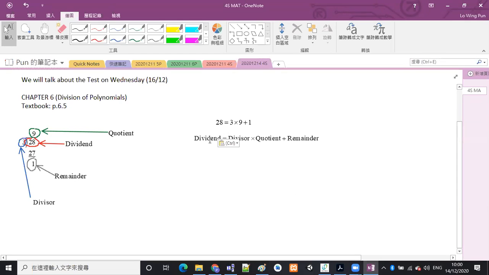I am going to introduce this idea. When the dividend is divided by the divisor, we have the quotient and the remainder, and these 4 members of a family can be reunited as an equation: the dividend is equal to the divisor times the quotient plus the remainder.